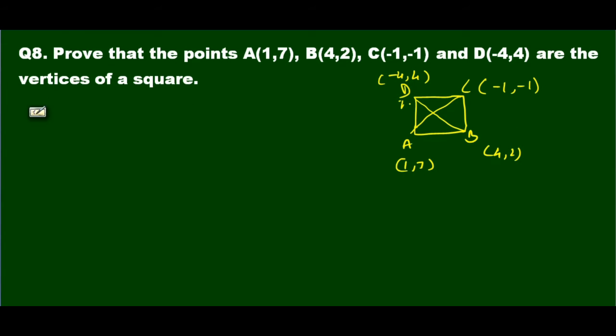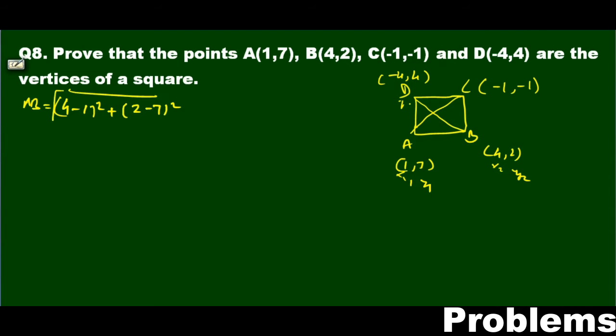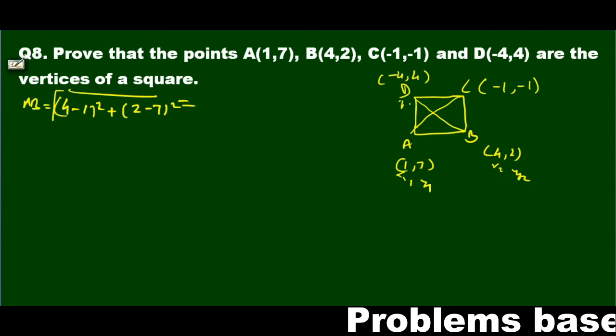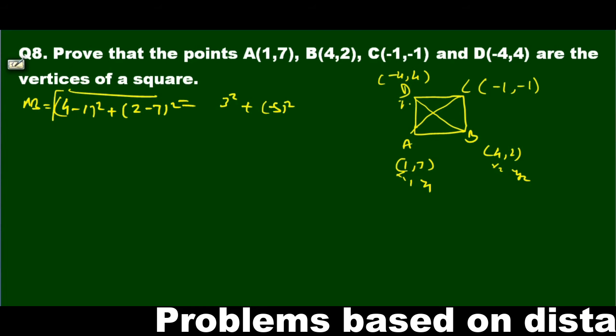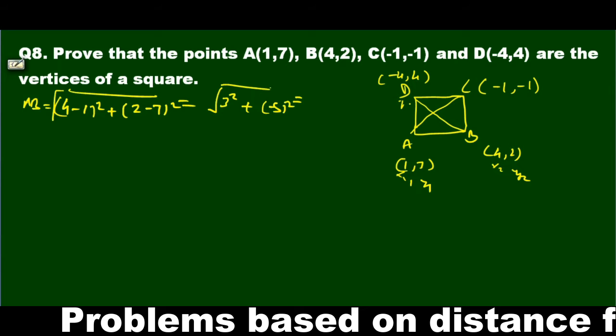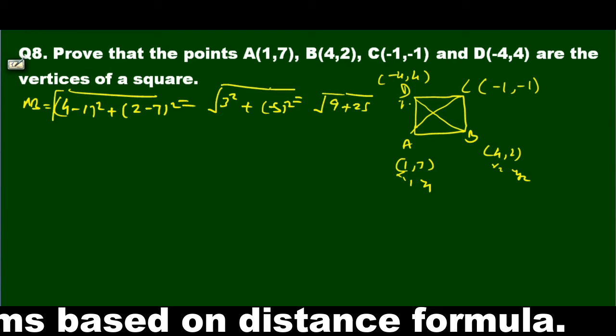So find AB equal to x2 minus x1, this is x2, y2 and x1, y1. So x2 minus x1 means (4 minus 1) square plus (2 minus 7) square, square root. So this is 3 square plus (-5) square, clear. So the square root of 3 square plus (-5) square will become 9 plus 25.